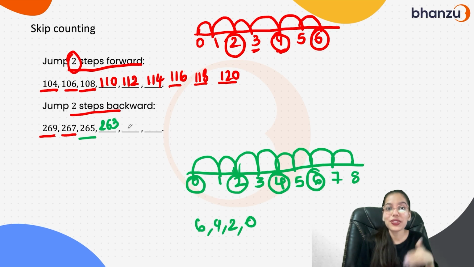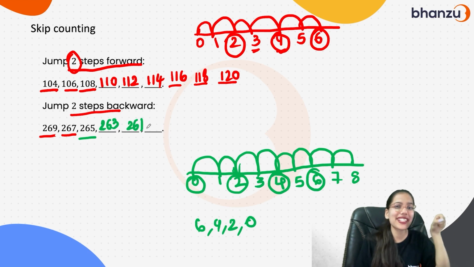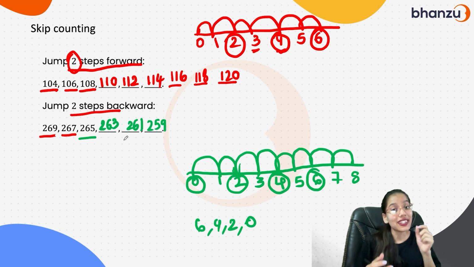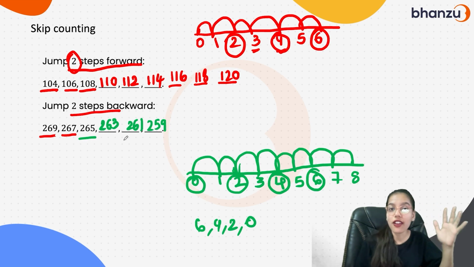And 263, if you go backward, what do you get? 262. And then backward you get 261. And now from 1, you go backwards, you get 260. If you go one more step backward, what do you get? Correct, you get 259.